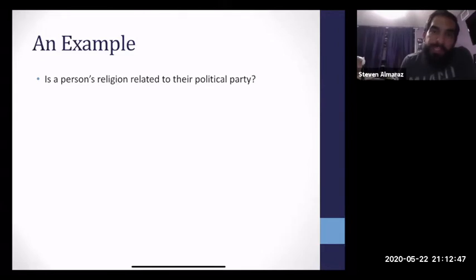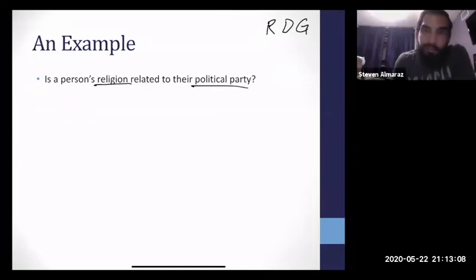The reason we might use a test for independence here is because we've got two different variables, religion and political party, and they're not continuous. For political party, it's just nominal. Which one do you belong to? Maybe you're a Republican, Democrat, Green Party, I don't know. There's a bunch of political parties. You could be an independent, libertarian. I don't know if libertarian counts as a political party, but.